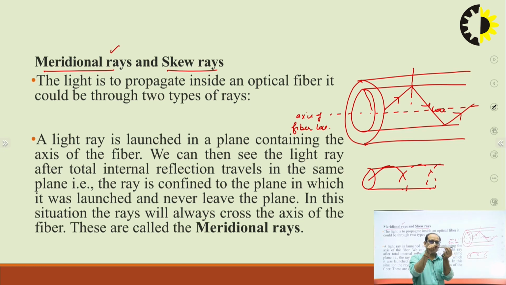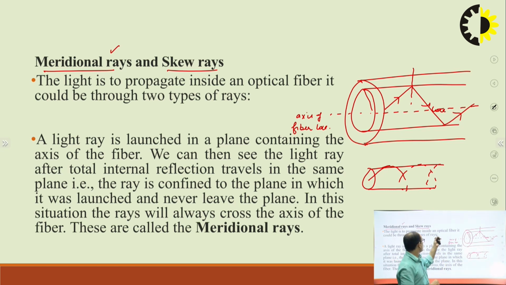If the light is transmitted inside the optical fiber cable like this, and after each reflection the plane of light remains the same, then that type of ray is known as the meridional rays. And this type of ray always crosses the center of the fiber core, meaning the axis of the fiber core.